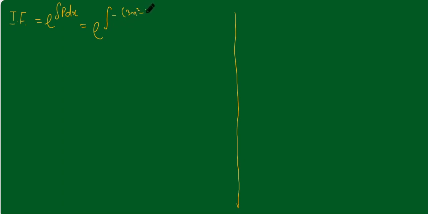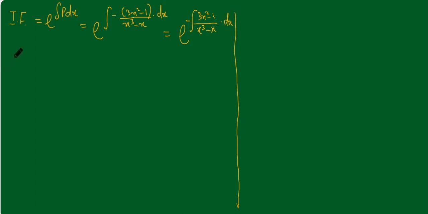Now to obtain our integrating factor is just e raised to power integral of p with respect to x, and that's e raised to power integral of minus (3x squared minus 1) divided by (x cubed minus x) with respect to x, which you can rewrite as e raised to power minus integral of (3x squared minus 1) divided by (x cubed minus x) with respect to x.